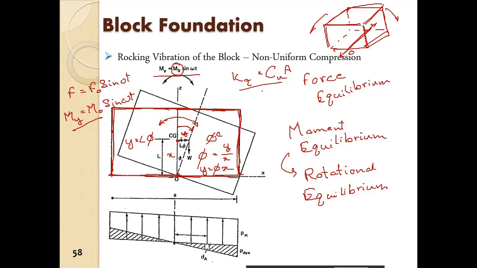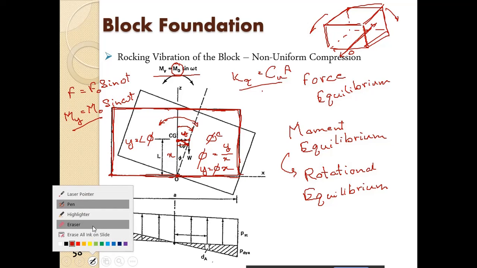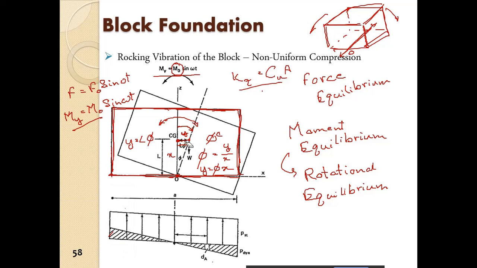I hope you could understand. When the mass moves, we have the center of gravity, and as the mass rotates, the center of gravity will rotate to this position here, and this is the phi here, actually L phi. It is a small amount of rotation, so we can consider this position and this position to be same, and L phi to be the displacement of the center of gravity.